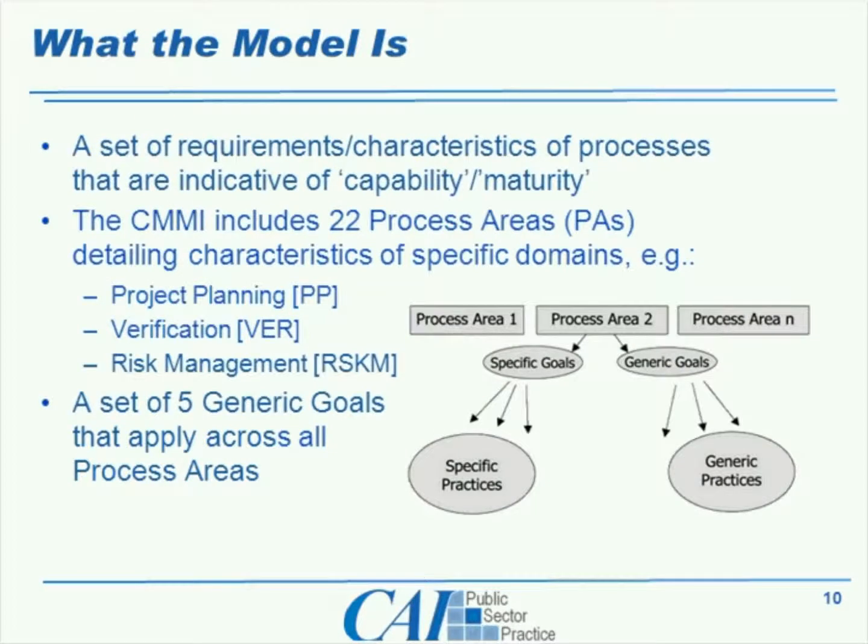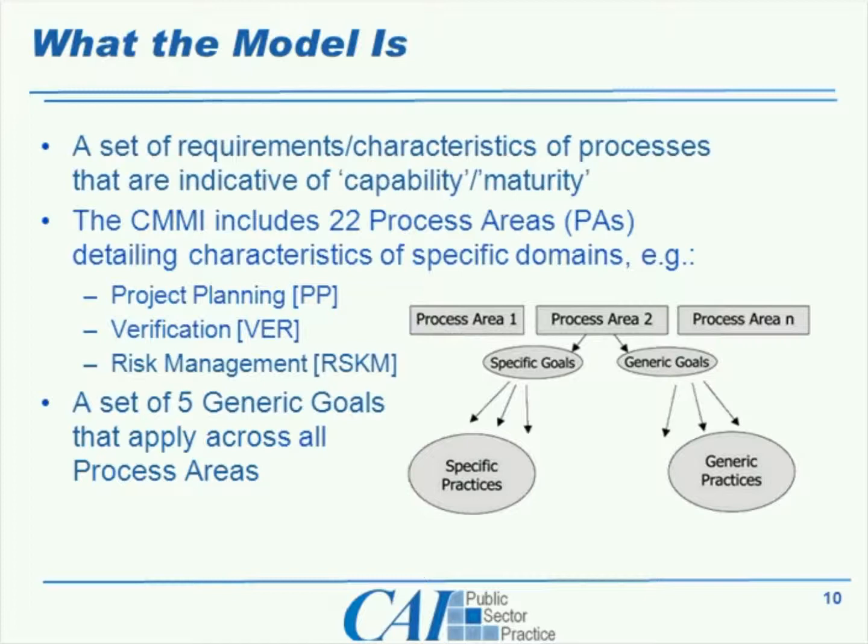So to talk a little bit more about how it's structured. As I mentioned, it is a set of requirements or characteristics of processes that are indicative of either capability or maturity. And we'll talk about those two words in a minute, the capability versus maturity. They are different halves of the model, so to speak, or different representations. The current CMMI includes 22 different process areas, or PAs as they're commonly referred to.